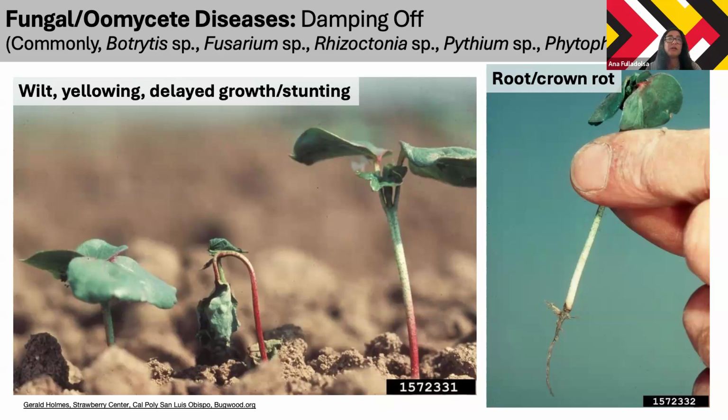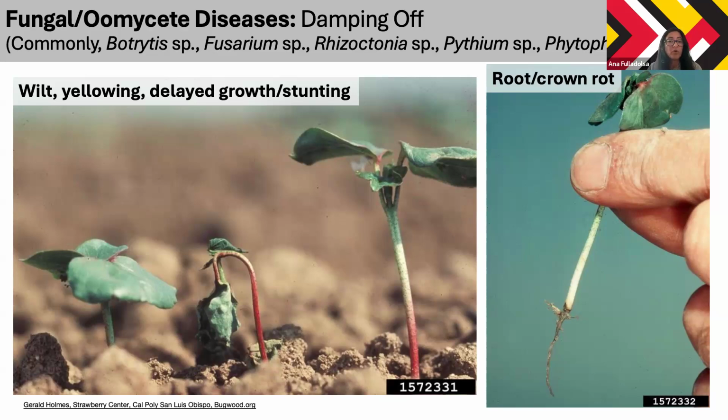And so here I'm showing the first one, which is, early season, we might have a problem with damping off. So we did see a lot of this season. Commonly the fungi that are responsible for this are Botrytis, Fusarium, and Rhizoctonia.